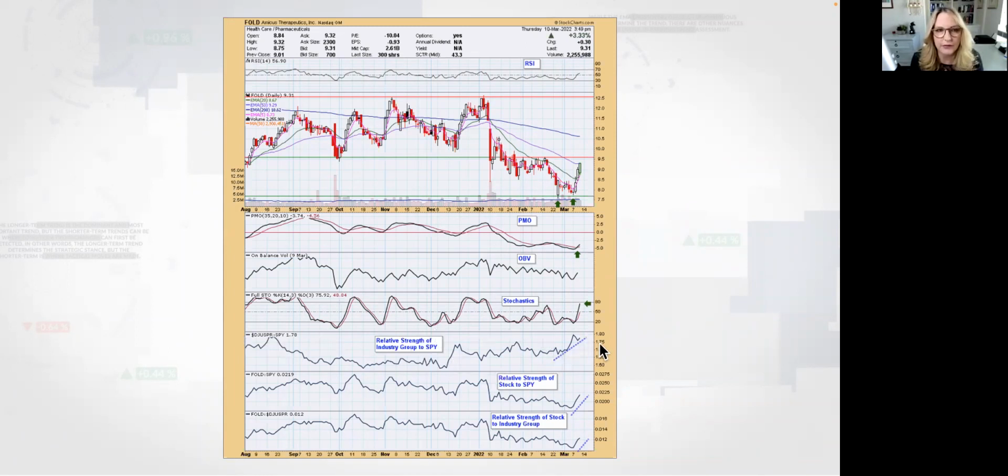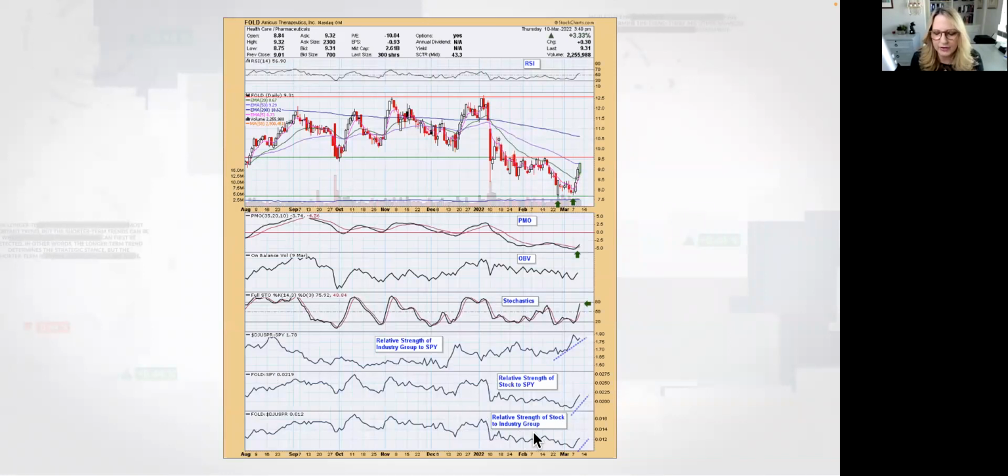So in this case, pharmaceuticals, when I did this particular chart, was really starting to show some great relative strength as a group. Then I want to see what the relative strength of that stock is to the S&P as well. How is it performing against the S&P? And in this case, we were seeing some really nice relative strength building in that last week.